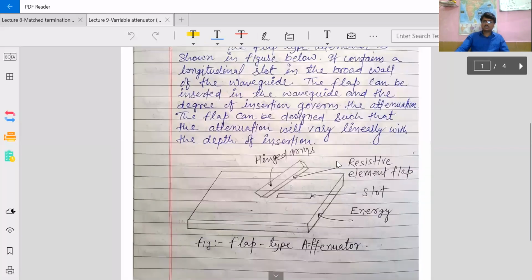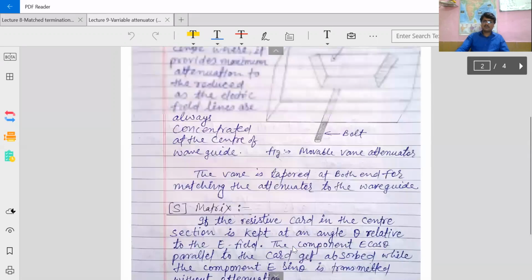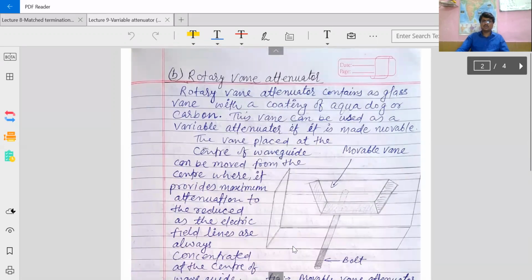So this one is the flap type variable attenuator, and the second one is the rotary or vane type attenuator. Rotary vane attenuator is shown here.